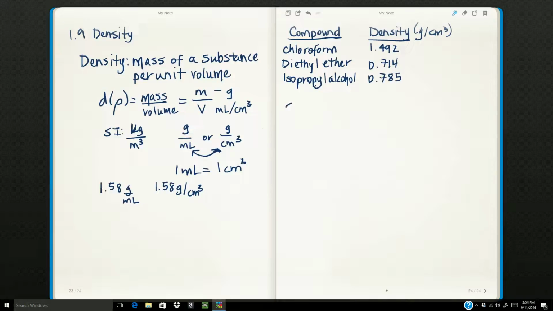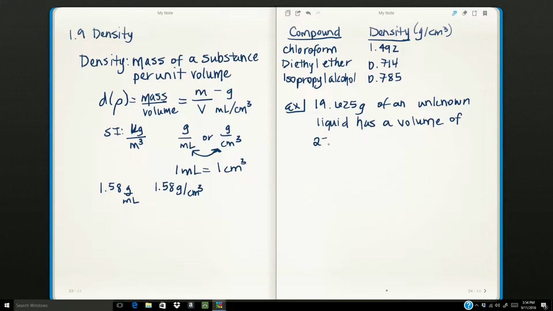Okay, so it tells you in the problem that 19.625 grams of an unknown liquid has a volume of 25.00 cubic centimeters.